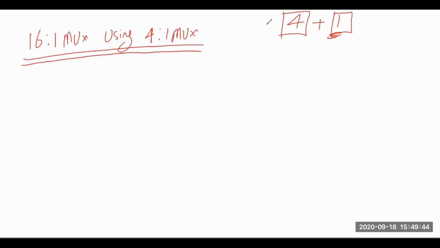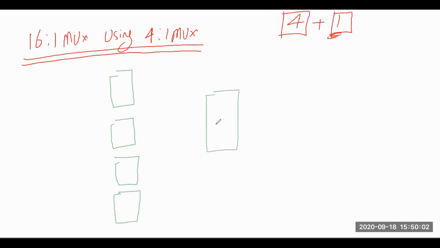Okay, and if I draw my circuit it will be in this manner. There will be four 4:1 multiplexers. Okay, then in the second step there will be one 4:1 multiplexer. Since I know that a 4:1 multiplexer has 4 inputs, there are 4 inputs to this, 4 inputs to this, 4 inputs to this, and 4 inputs to this.